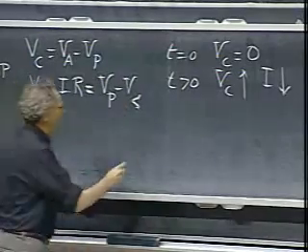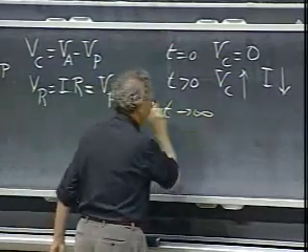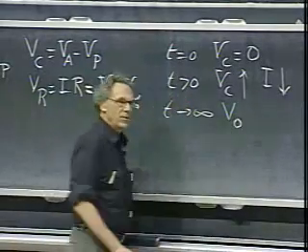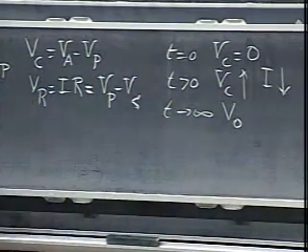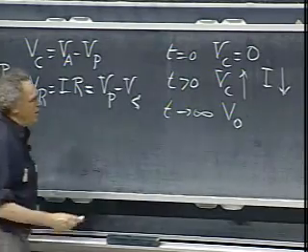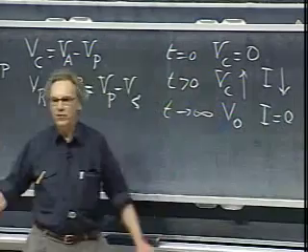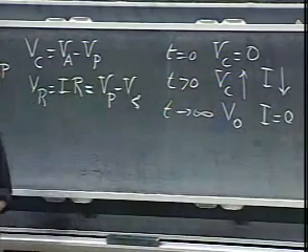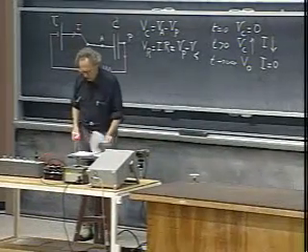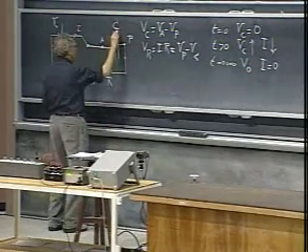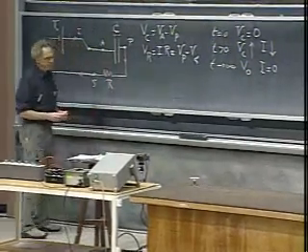If you wait long enough, we call that infinitely long, then the capacitor will be fully charged. It will have the potential V0 of the battery, and then the current has become 0. No current is flowing anymore if the capacitor is fully charged. This capacitor is going to charge up, this becomes positive, and this becomes negative.